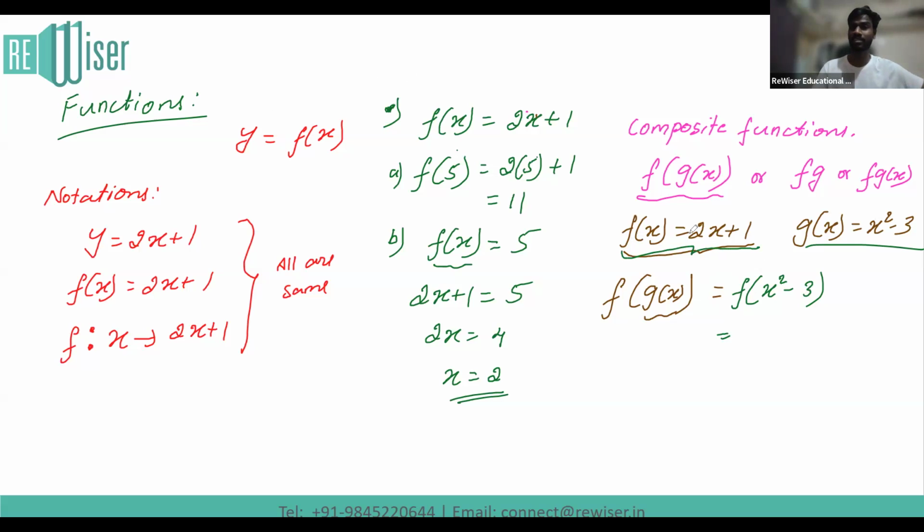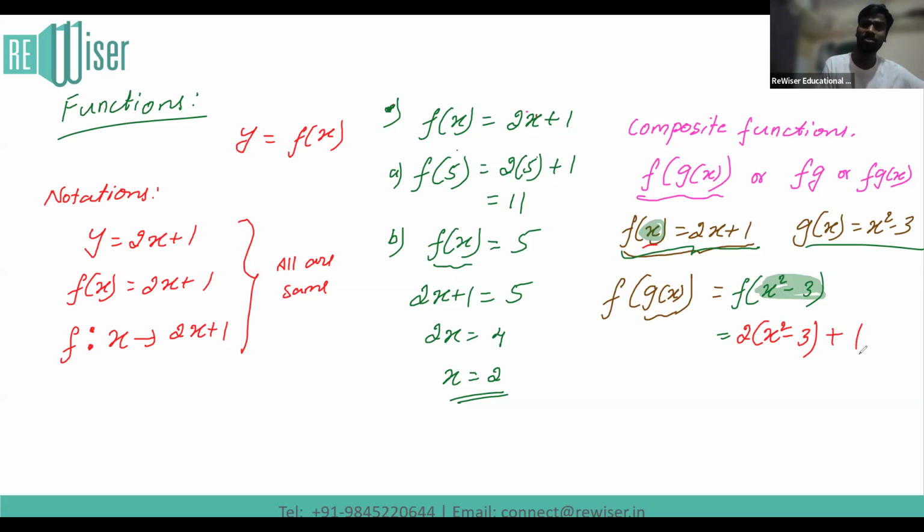Instead of x, I have x squared minus 3. So that means I have to replace that x with x squared minus 3. So that's going to give us 2 times, this x I have to replace with x squared minus 3, so 2 times x squared minus 3, plus 1. And from here, we can just simplify this. Yes, these are the concepts that you should be aware of.